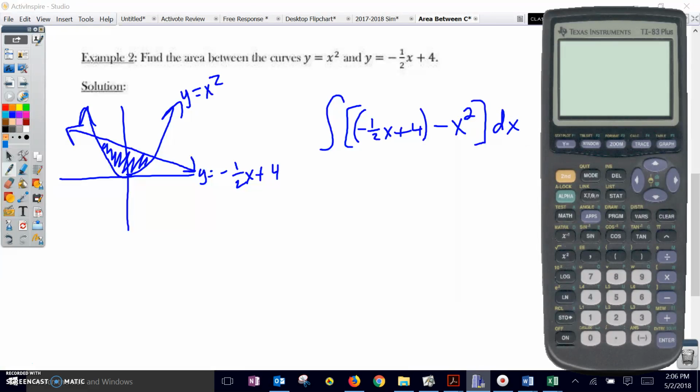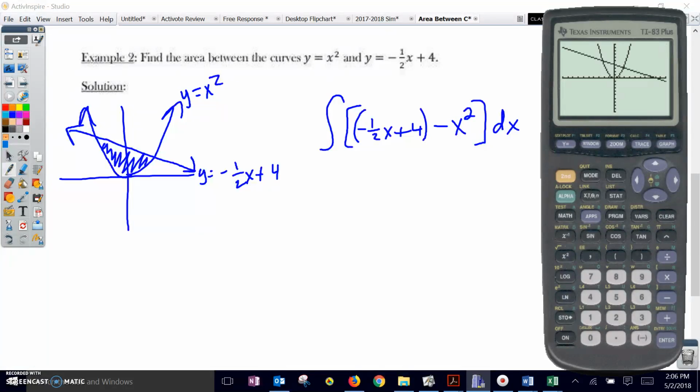And in order to get those, I'm going to go ahead and graph these two curves on my graphing calculator. So I've got y equals x squared and y equals negative 1/2 x plus 4. And I'll go ahead and look at the graph of these two curves.